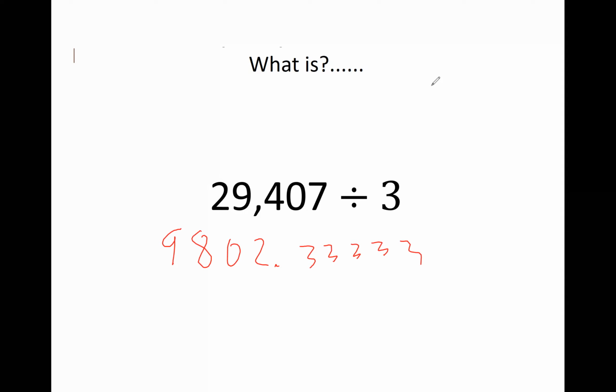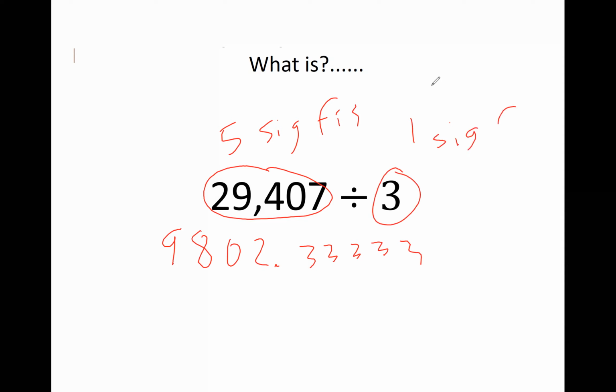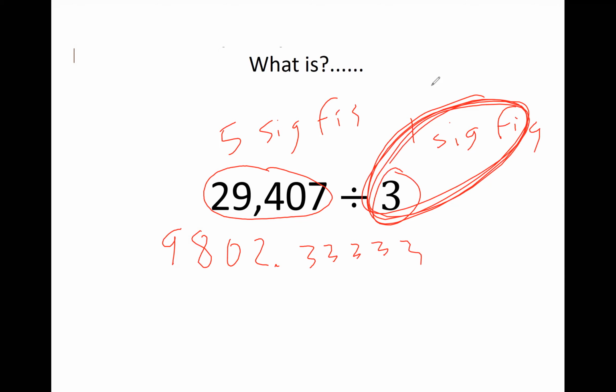So I have to look at the numbers I've been given. This number has 5 sig figs. And my other number only has 1 sig fig. And it looks like you guys are pretty much in agreement that the rule says whichever number has the least amount of sig figs, that determines how many sig figs I'm allowed to give in my answer.